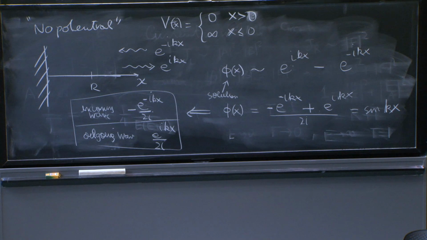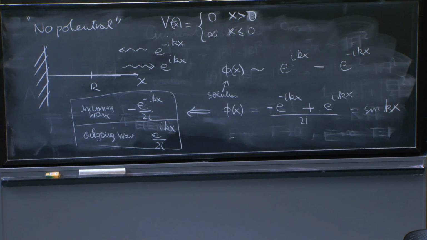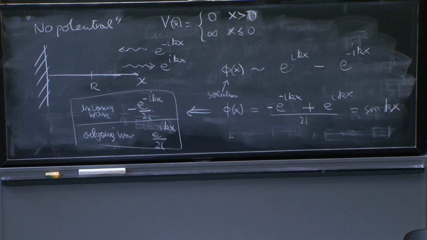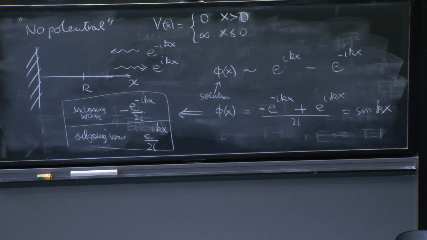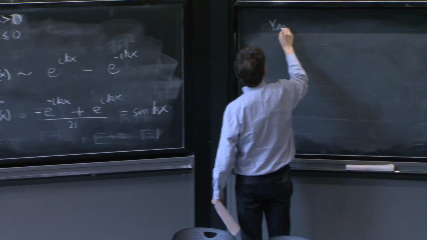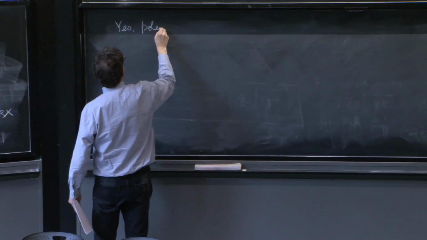So now let's consider how we would write the general experiment in which you send in a wave, but this time there is really a potential. So let's consider now if no potential was there and now yes potential.